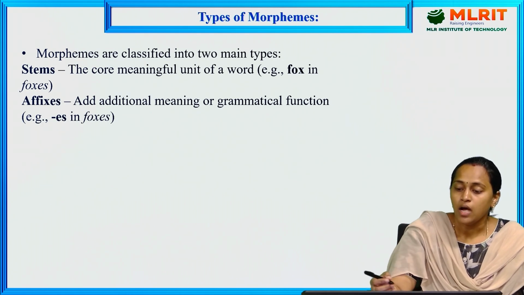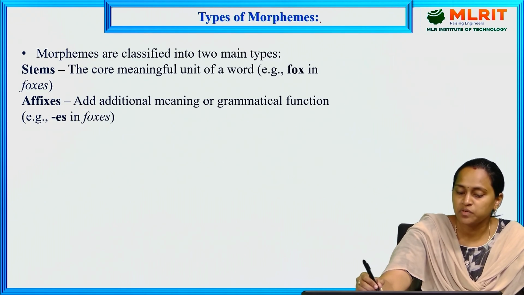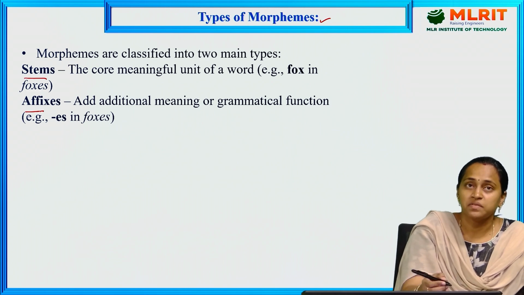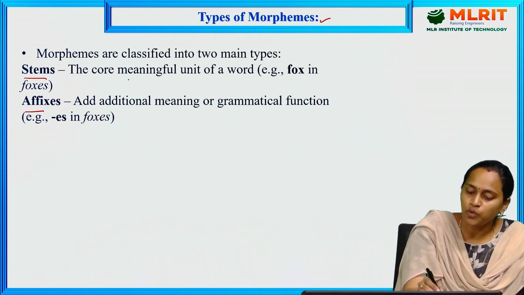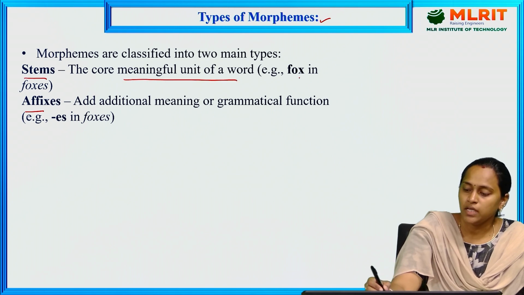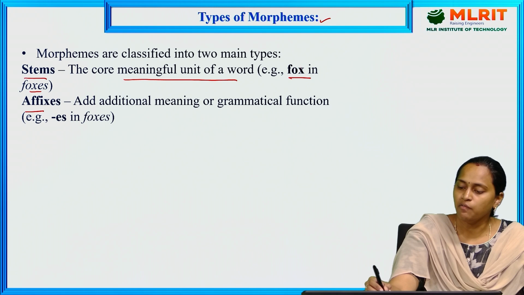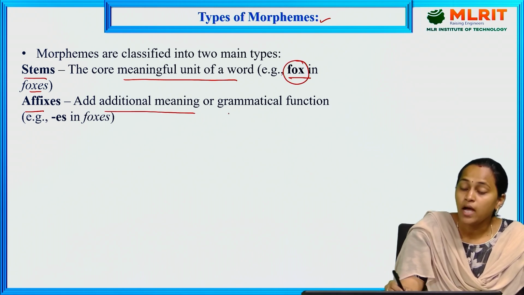Coming to morphological parsing, there are two types of morphemes: stem and affixes. What is the stem? The root word, that means the core meaningful unit of a word. For example, foxes: fox is the stem. Affixes add additional meaning or grammatical function.